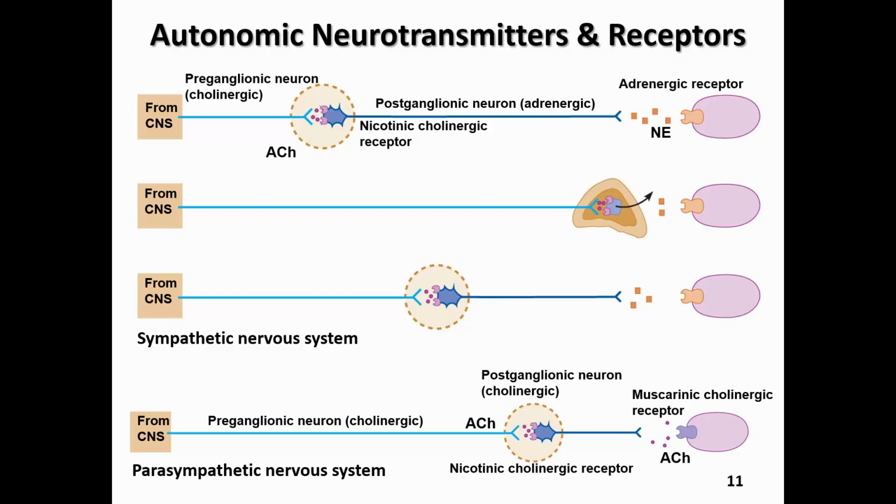And norepinephrine will have an effect on effector cells that have protein receptors sensitive to norepinephrine. These are just generally defined as adrenergic receptors.